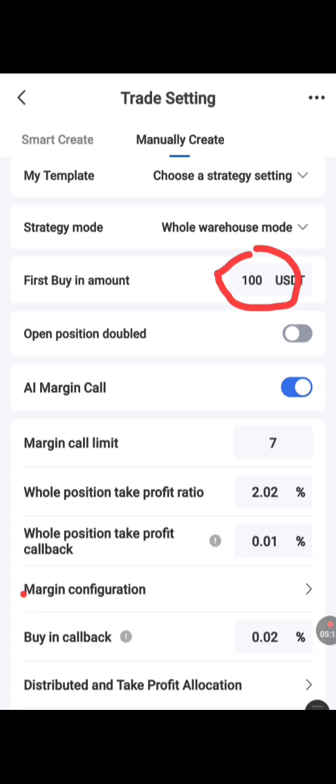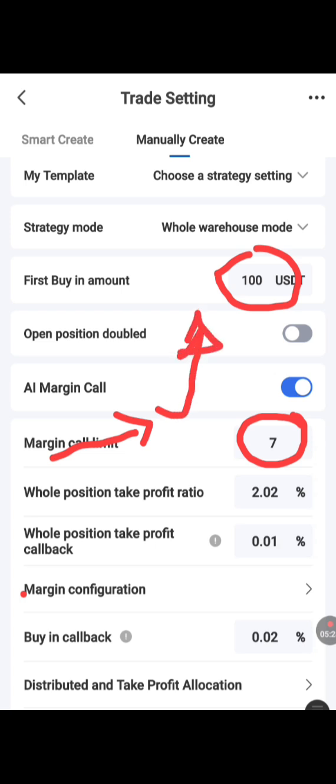And according to our instruction, we have instructed the robot to buy up to 7 times just in case the market price goes against us. Remember, our intention is to enter the market so that the market price can rise to our intended take profit percentage and we are out of the market.